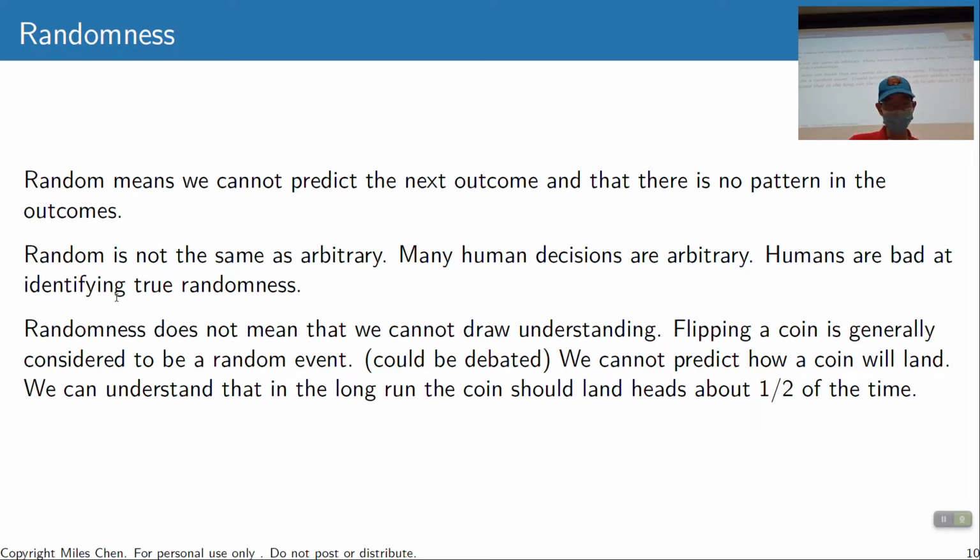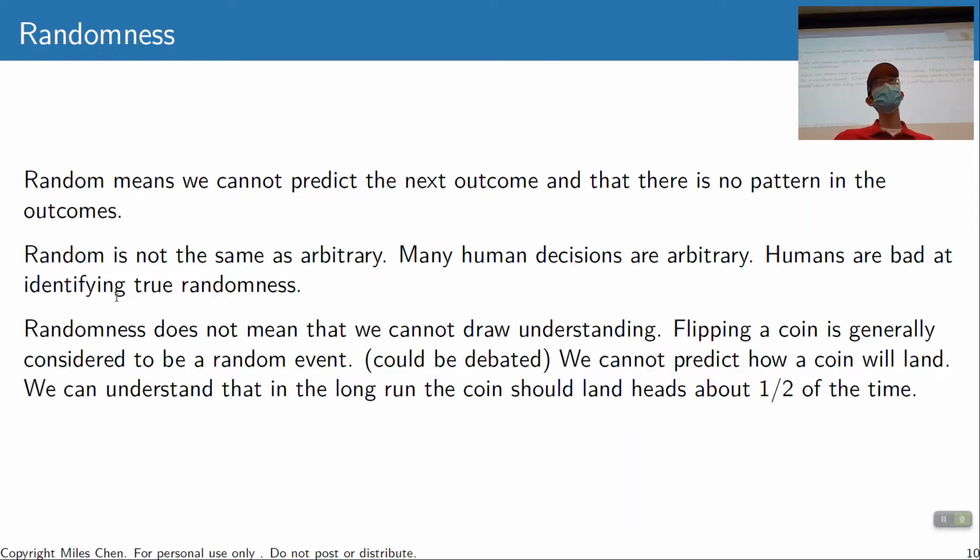All right. But random doesn't mean that we can't draw understanding or learn to understand the phenomenon. So, for example, flipping a coin we generally consider that to be a random thing. Okay, I wrote it could be debated, but when you flip a coin, you can't predict how it's going to land.